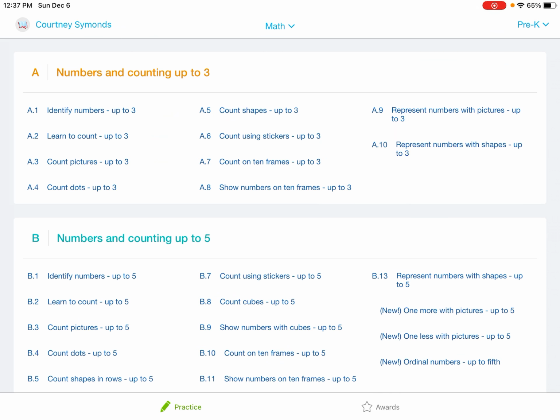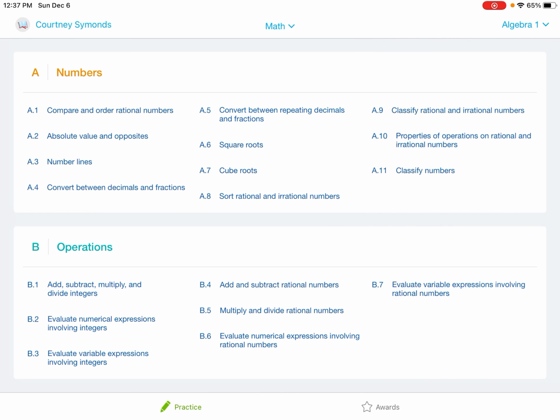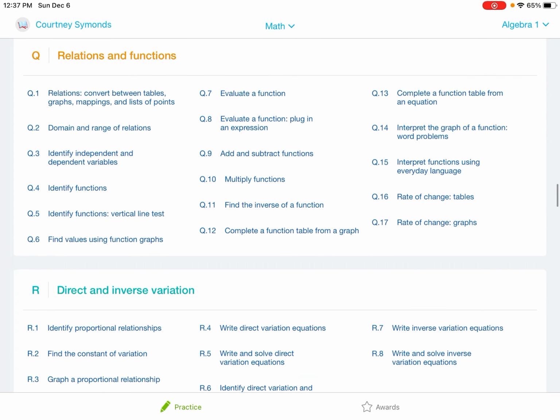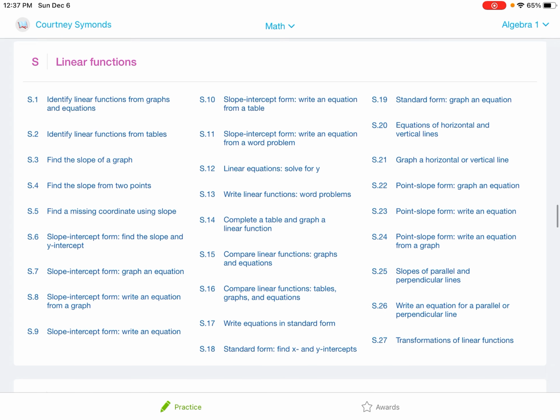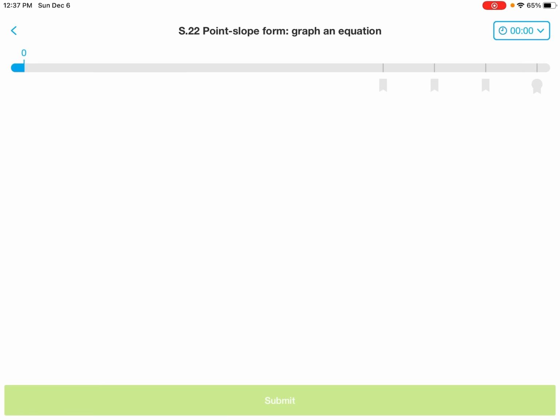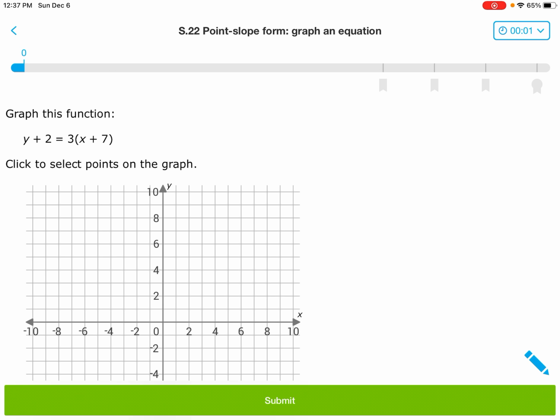And let's take a look at Algebra 1. We have to go to S. Here we go. So we are going to start with S22. Graph an equation. When I look at this, the first thing I look at is what does my slope equal?